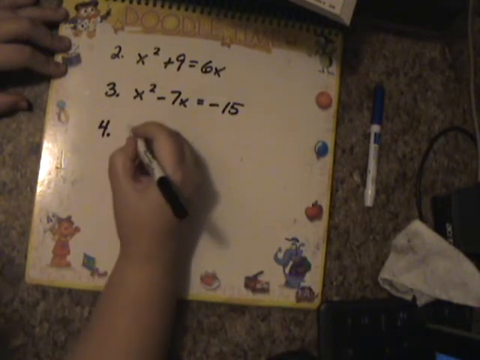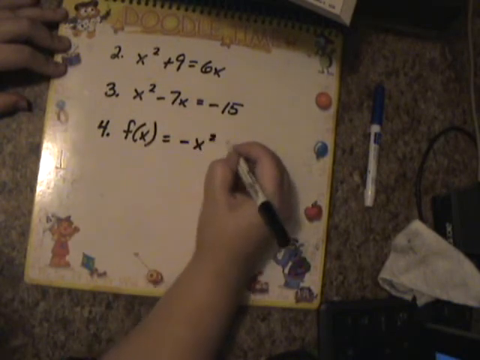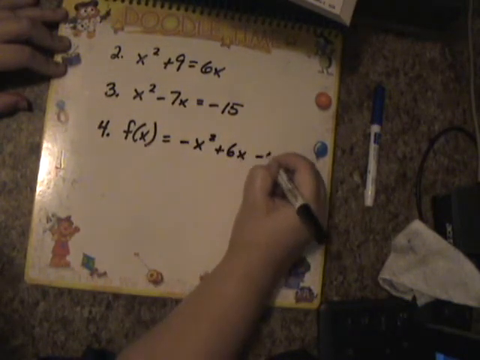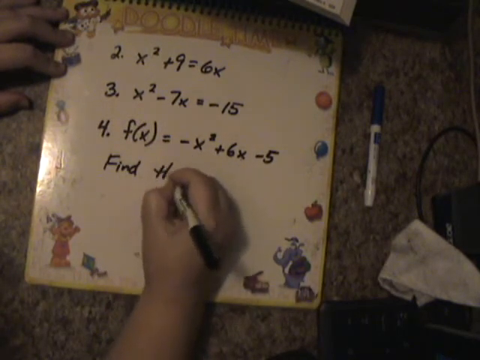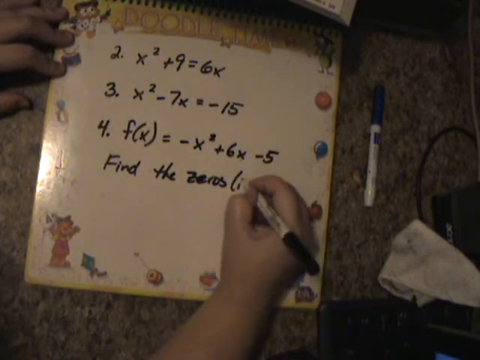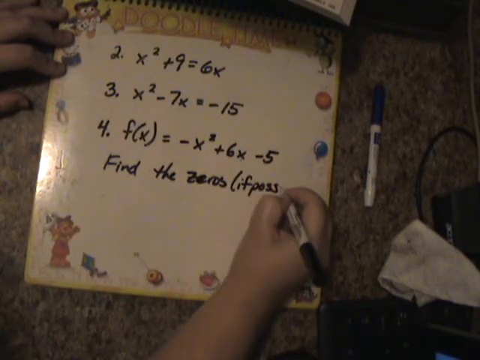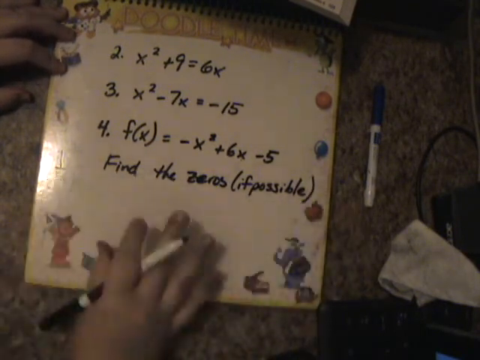And then number 4, f of x equals negative x squared plus 6x minus 5. And you want to find the zeros, if possible. If it's not possible, then make sure you show your work.